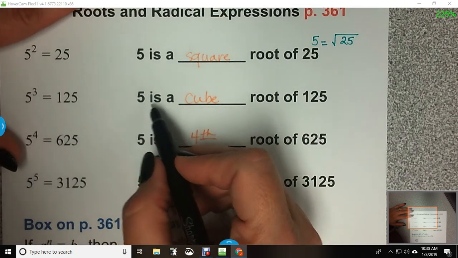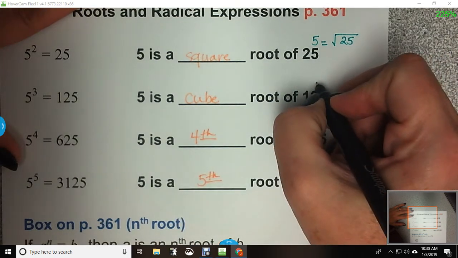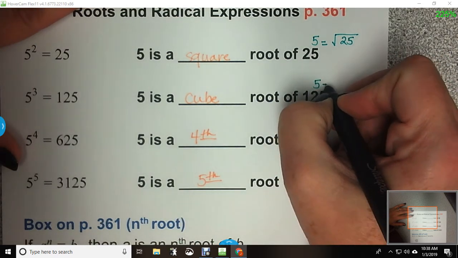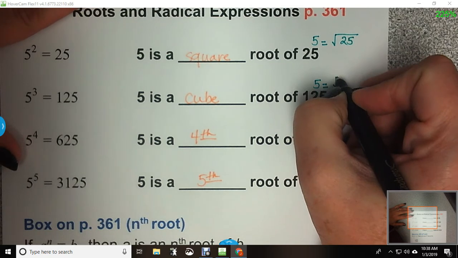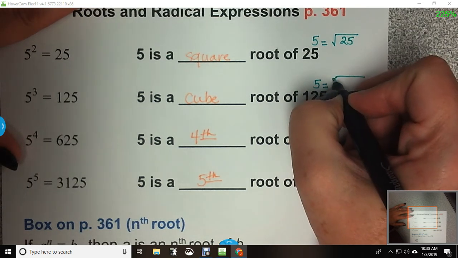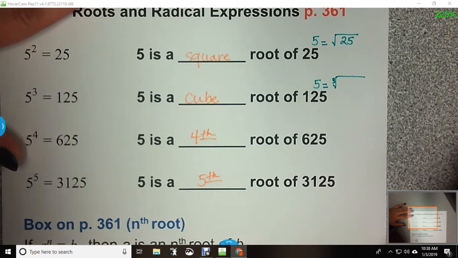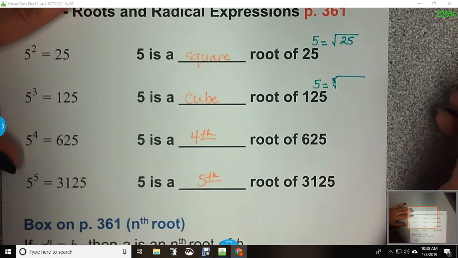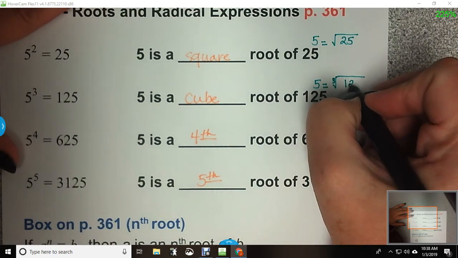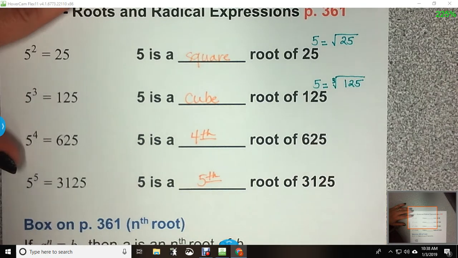Here where I have 5 is a cube root of 125, you write 5 is, here's my radical symbol. I put a little 3 floating inside that little check mark part to show that it is a cube root, and my radicand is 125.